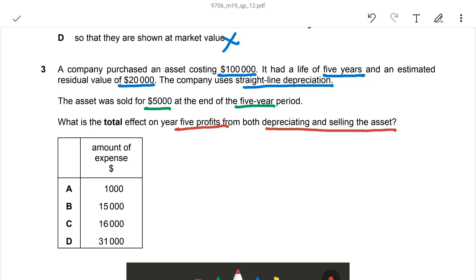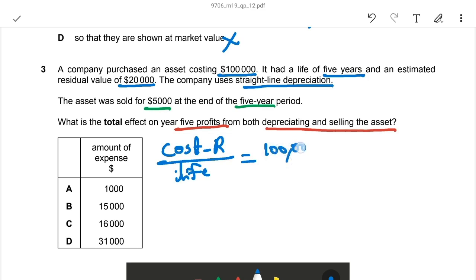So the cost is 100,000. First calculate the depreciation. Depreciation is cost minus residual value divided by useful life, the life of the asset. That is, cost is 100,000 minus 20,000, divided by 5.